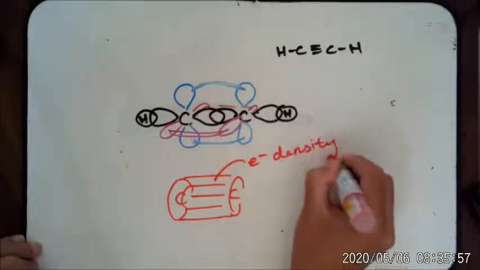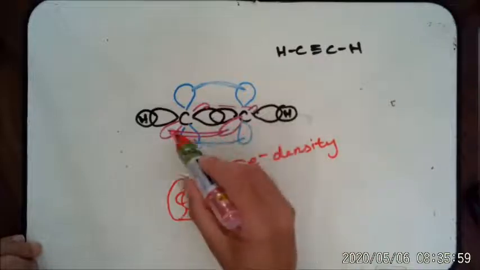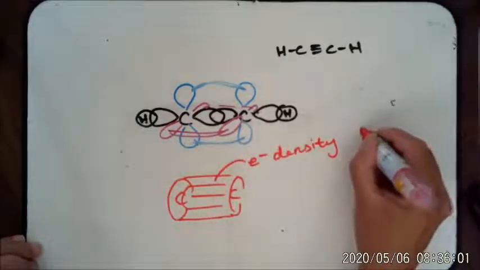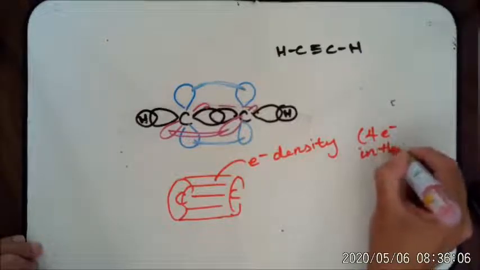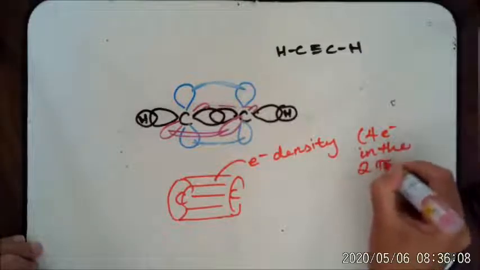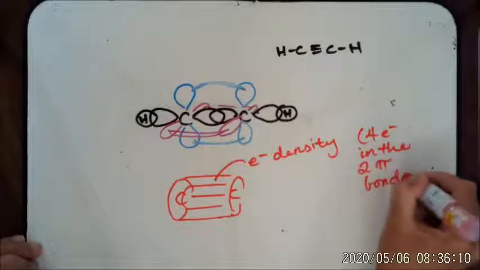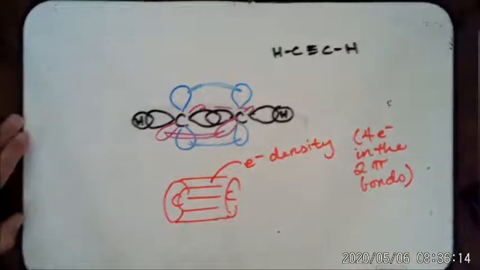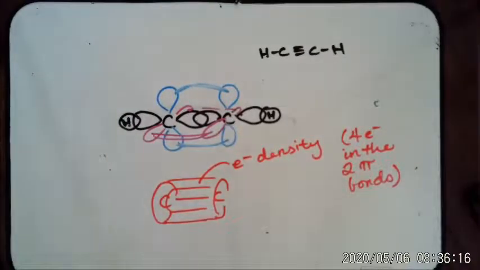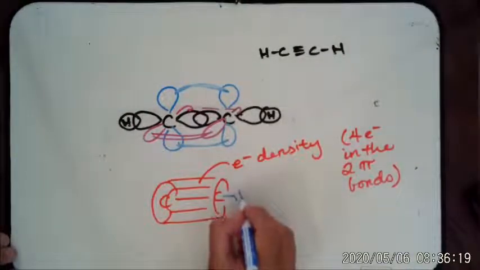Here's my carbon, and in this cylinder I have 4 electrons, for my 4 electrons in the 2 pi bonds. The reason we draw it this way, let me show you the hydrogens. So here are my hydrogens just peeking out.